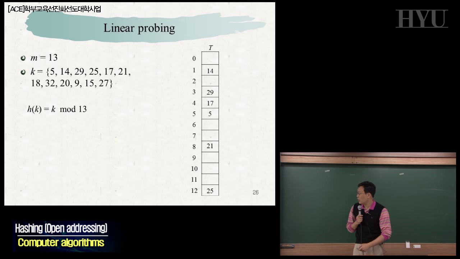18 should be stored in the 5th slot. But this slot is not empty. It is occupied by a key 5. Then what should we do?